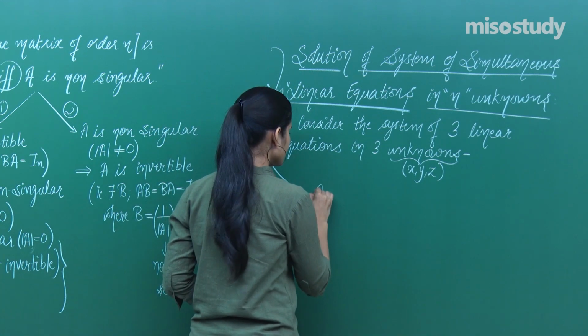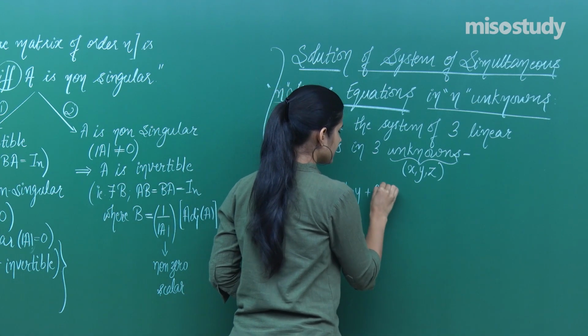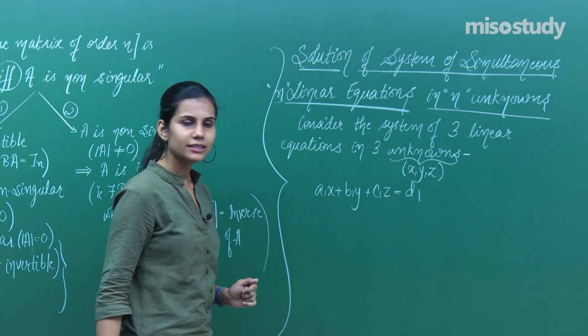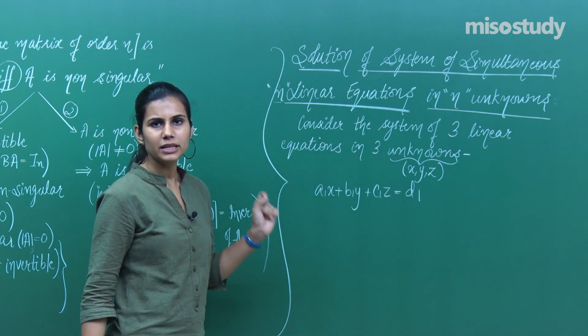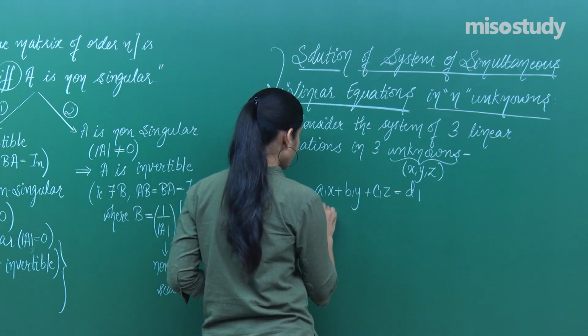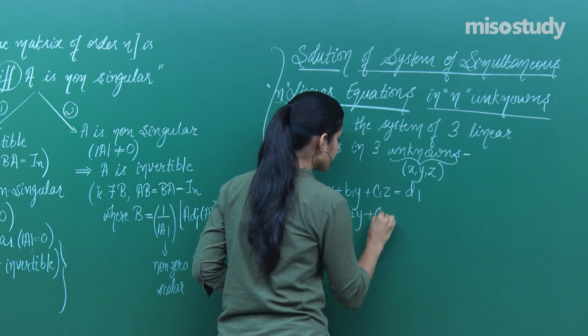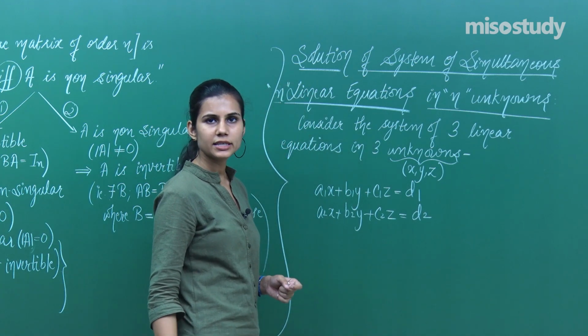So the first equation is a1x plus b1y plus c1z equals d1. This is the first equation in three unknowns x, y and z. a1, b1, c1, d1 would be known to you. They will be numbers. The next equation is a2x plus b2y plus c2z equals d2. This is the next equation in the same three unknowns x, y and z.